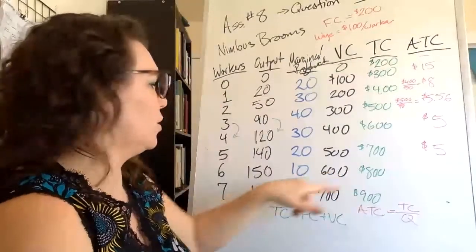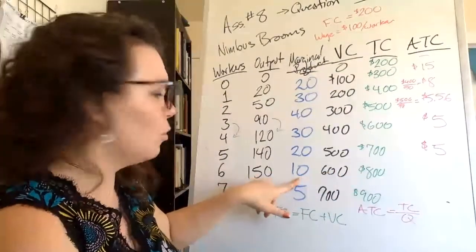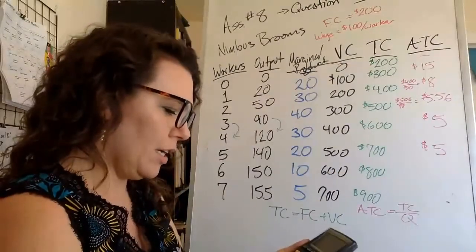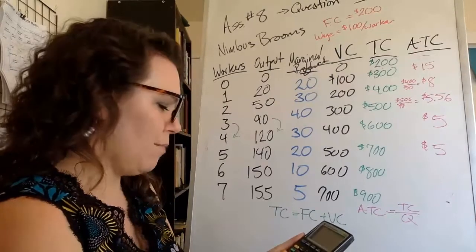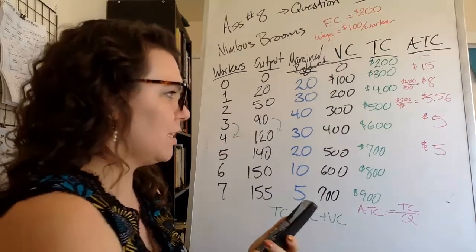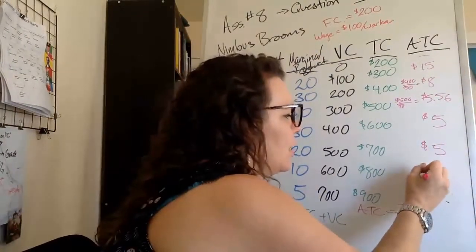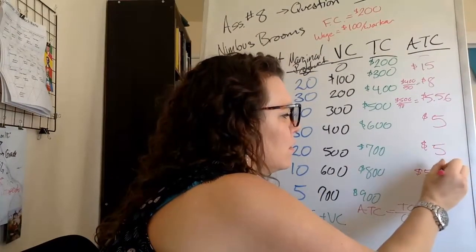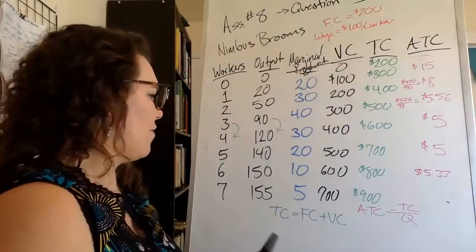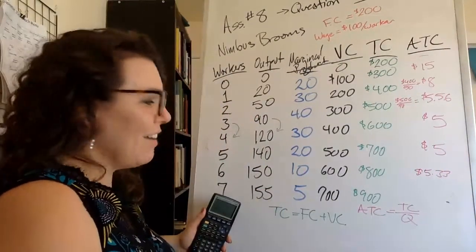The 6th worker gives us a marginal product of 10 brooms. So we have 150 brooms now. It costs us $800. 800 divided by 150 brooms gives us a cost of $5.33. And then finally, if we have a 7th worker, they're not very efficient, right?